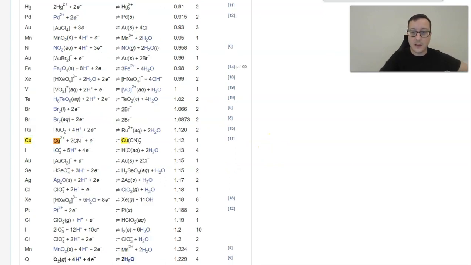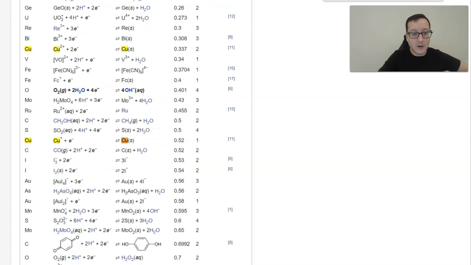And now we want to look up the copper one. So I'm going to Control F for copper. We're going to have to find where our copper happens to be. That's copper 1. Aha, right up here is copper 2 turning into copper solid. These are always written as reductions, and that's okay. We're looking at technically the opposite reaction, that's fine, because this is our oxidation reaction anyway.